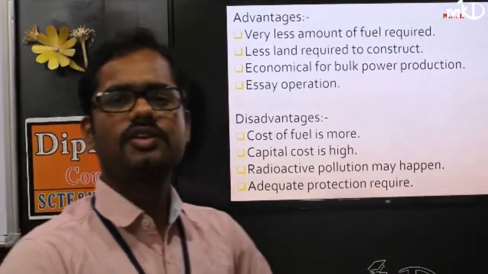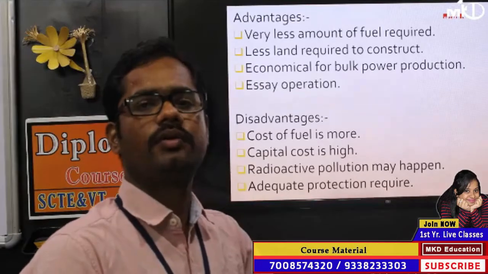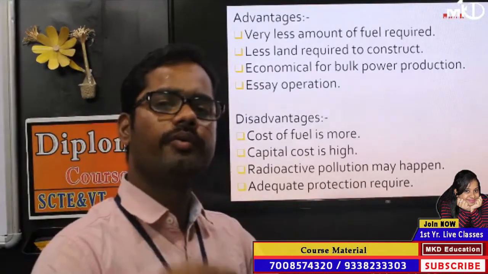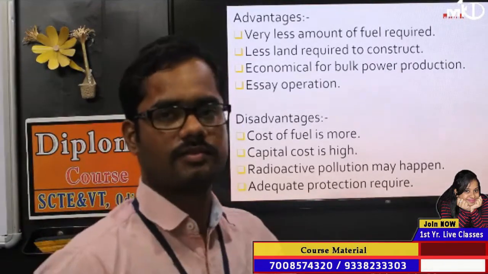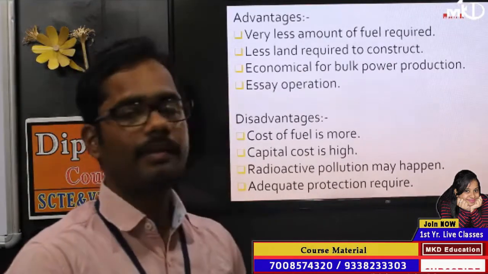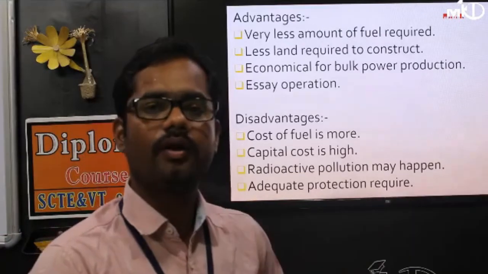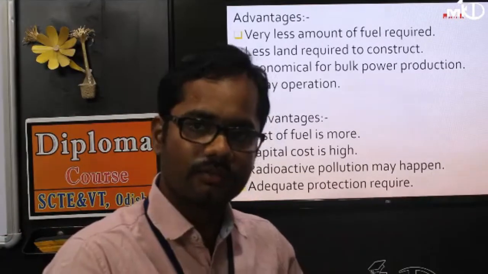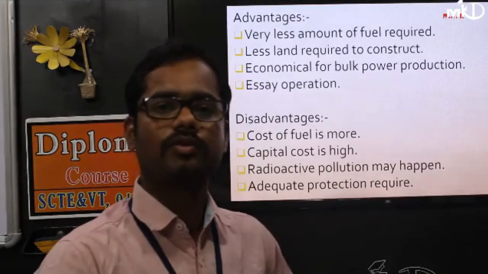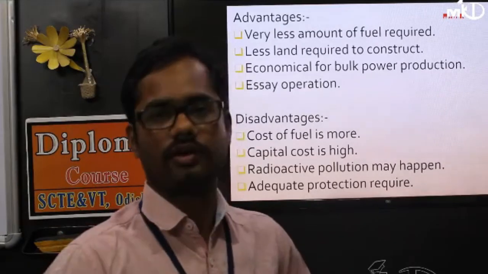Then operation is also easy if we go through the proper steps. Okay. Then what are the disadvantages? The cost of fuel is more. In India we are getting coal at a cheap rate, but for uranium and thorium we have to depend upon foreign countries.